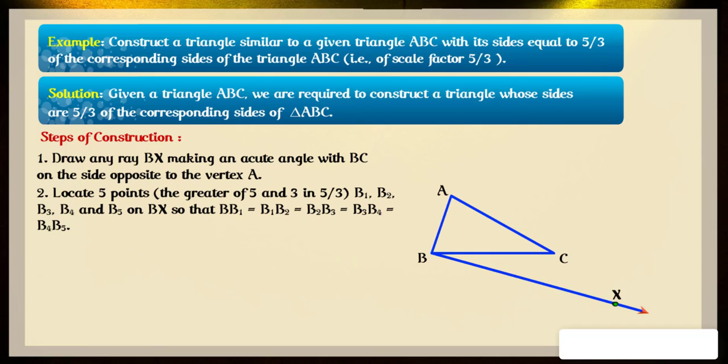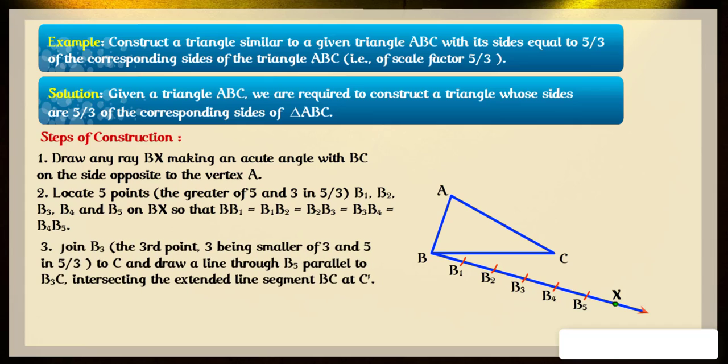2. Locate 5 points, the greater of 5 and 3 in 5 by 3, B1, B2, B3, B4 and B5 on BX so that BB1 is equal to B1B2 is equal to B2B3 is equal to B3B4 is equal to B4B5. 3.